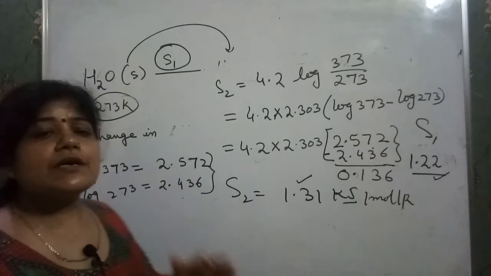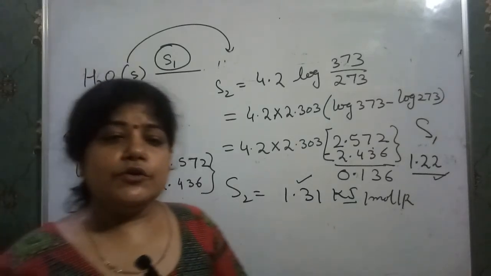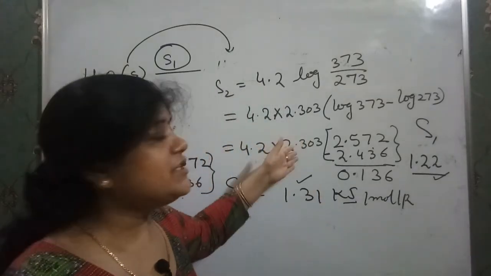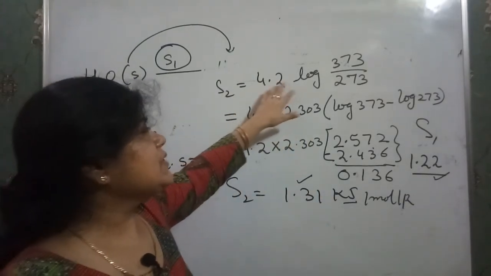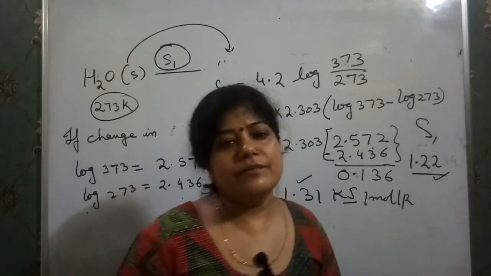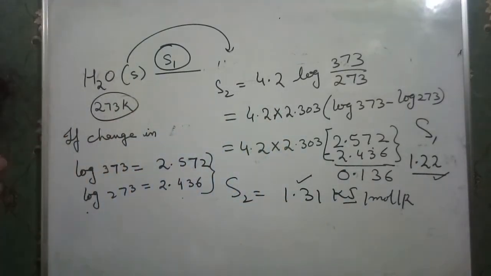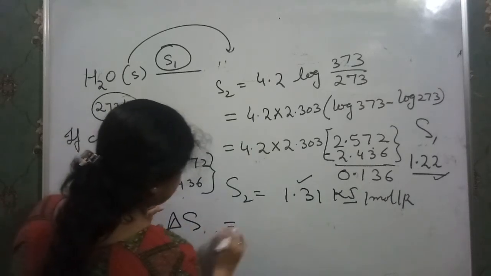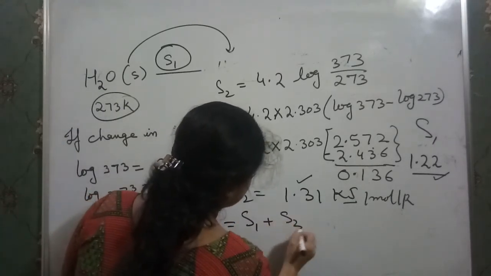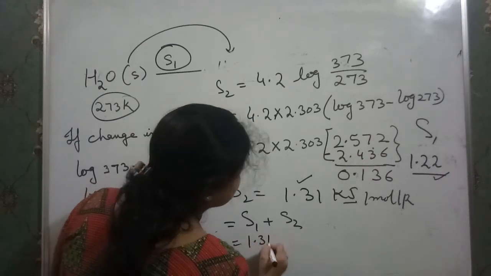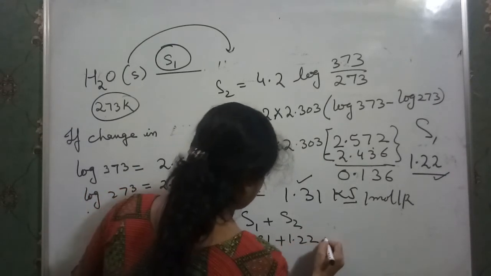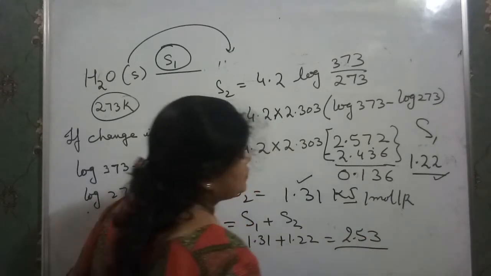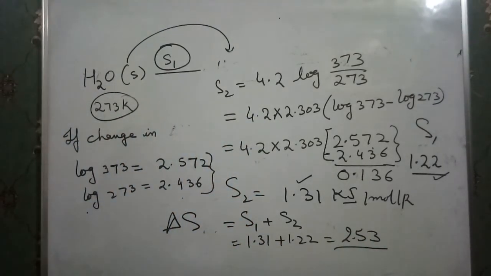When there is a conversion from one state to another, you use the formula delta H upon T. But when there is a change in temperature, you use the formula Cp log T2 over T1. So the net entropy change is S1 plus S2. We have 1.31 plus 1.22, so we get 2.53. This is the total entropy change in this question.